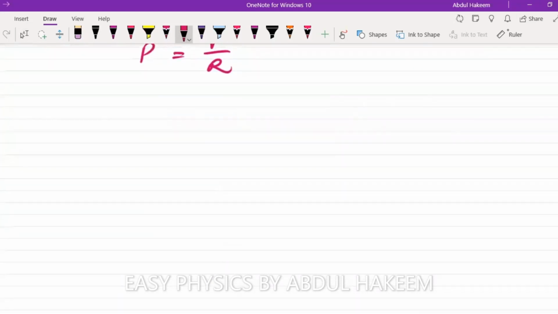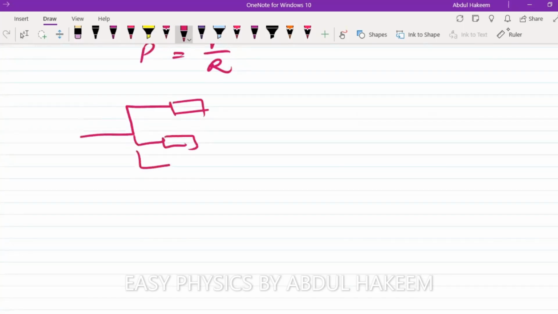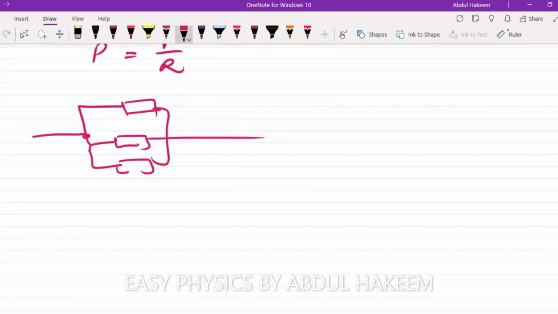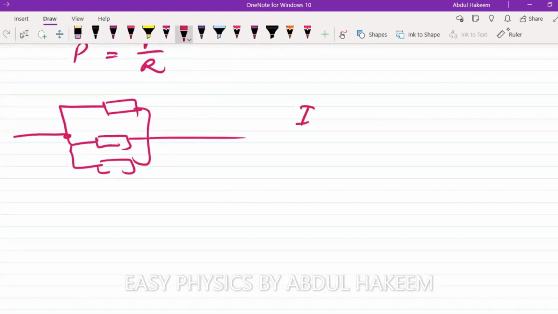Now suppose the resistors are connected in parallel. So Kirchhoff's first law is applied, which is: the sum of the currents entering the junction is equal to the sum of the currents leaving the junction, which is also called the law of conservation of charge. So the current divides, so I is equal to I1 plus I2 plus I3.